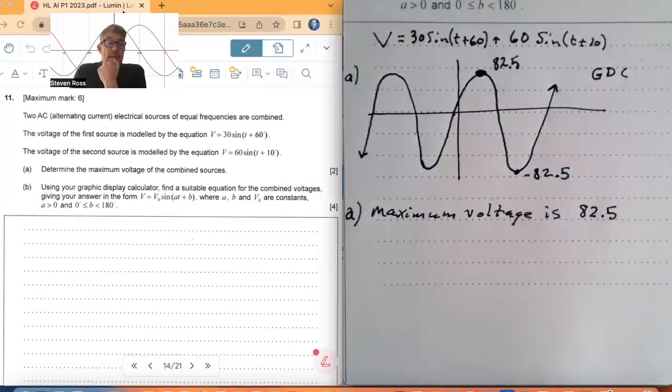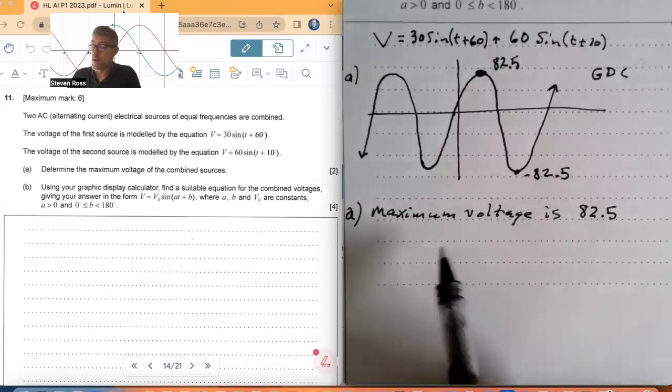So part B now says, using your graphics display calculator, find a suitable equation for the combined voltages, giving your answer in the form V naught sine of (A t plus B), where A, B, and V naught are constants. And A must be positive, and B must be positive and no bigger than 180 degrees.